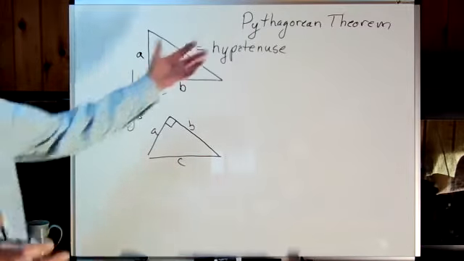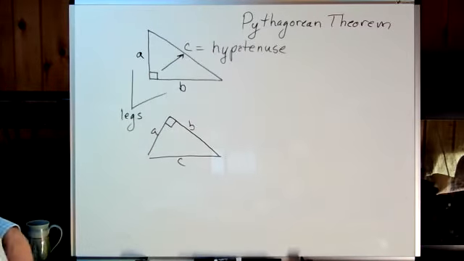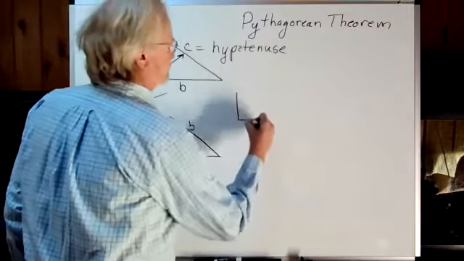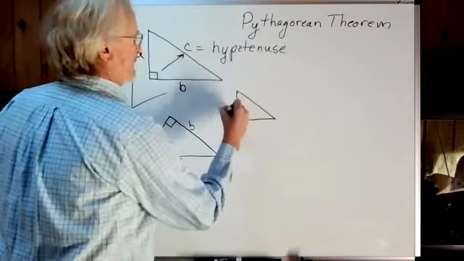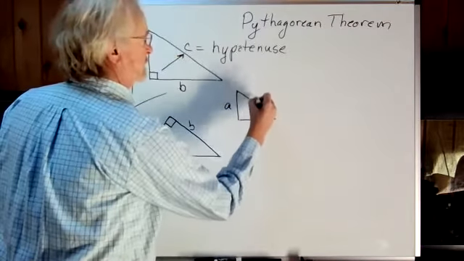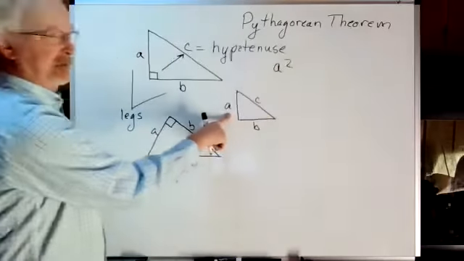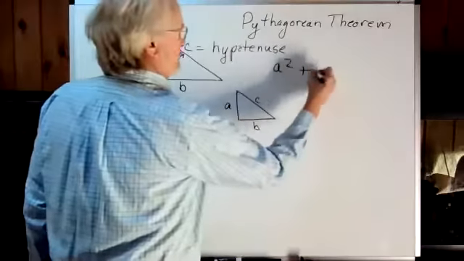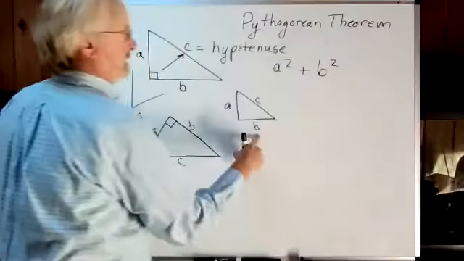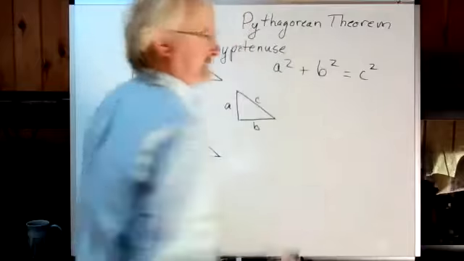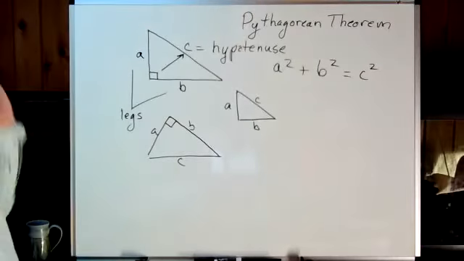Okay, so the theorem says, and you can actually interpret it geometrically: if I square the side length A and I square the side length B, that equals what I get if I square side length C. Wow, really? Why?